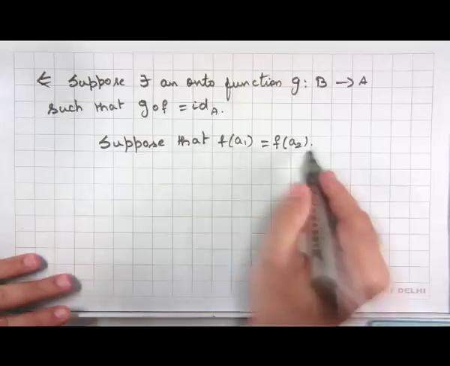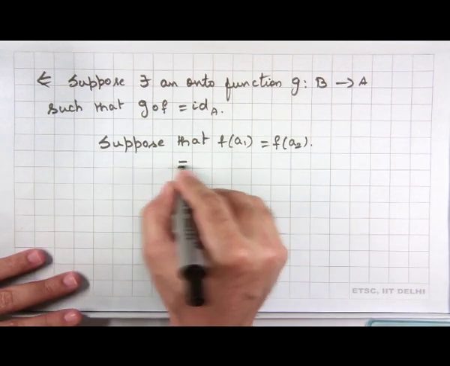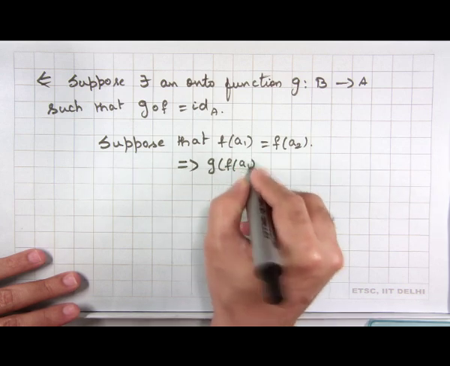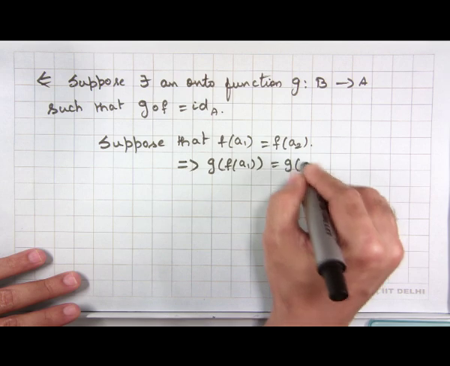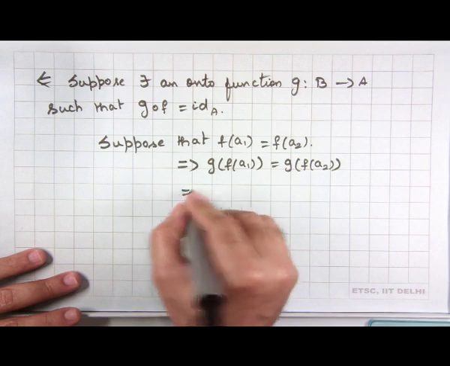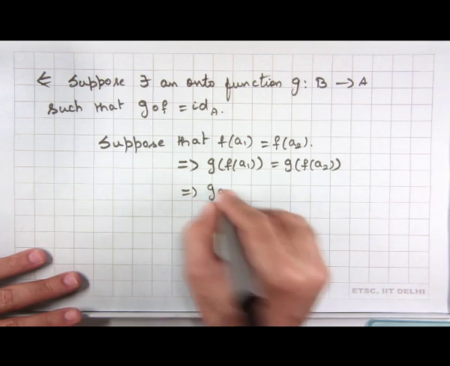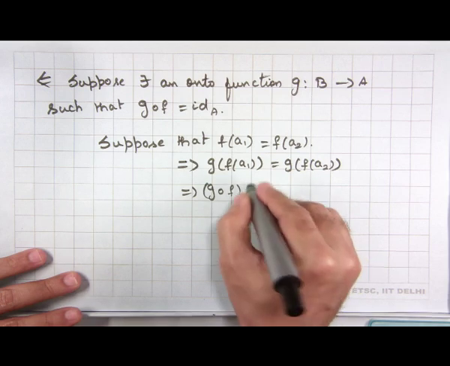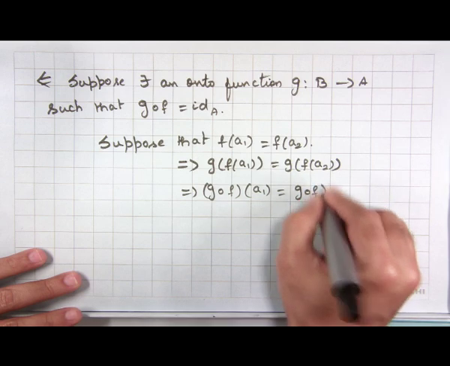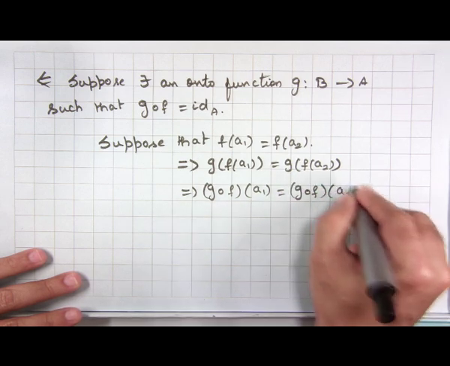But once you know that f of A1 equal to f of A2, that will imply that G of f of A1 equal to G of f of A2. This is the same as writing G composed with f at A1 equal to G composed with f at A2.